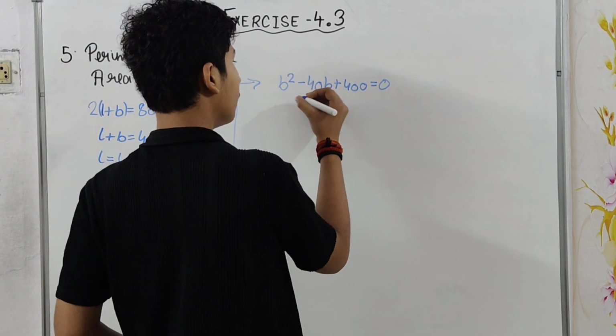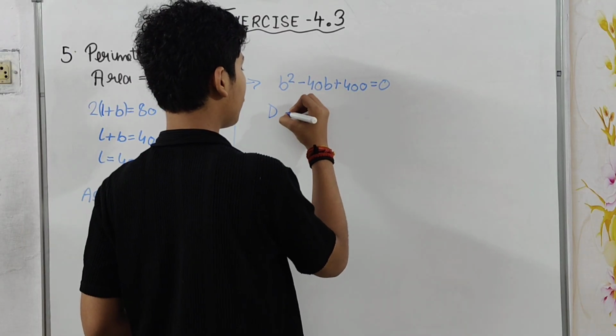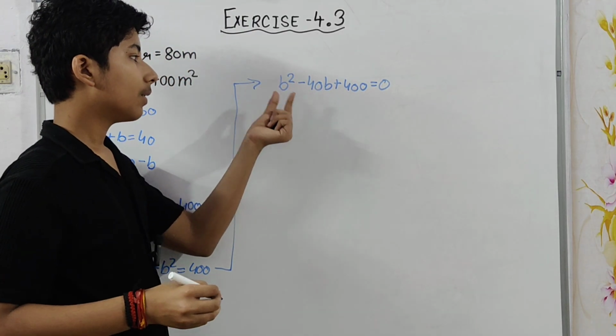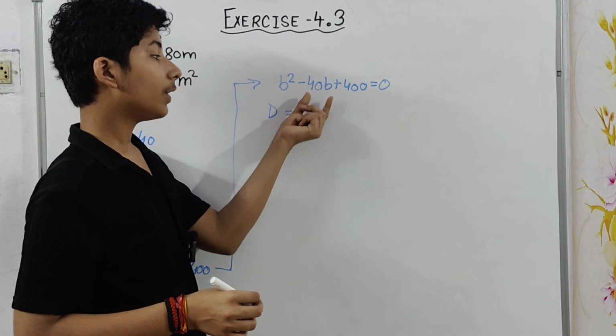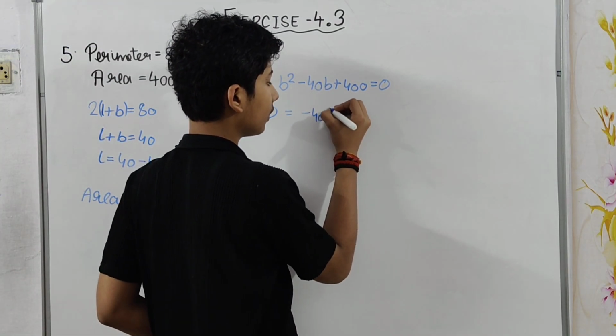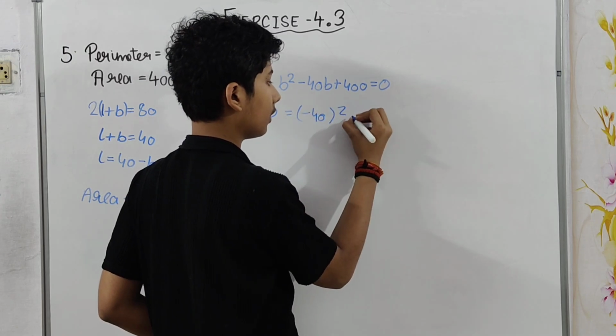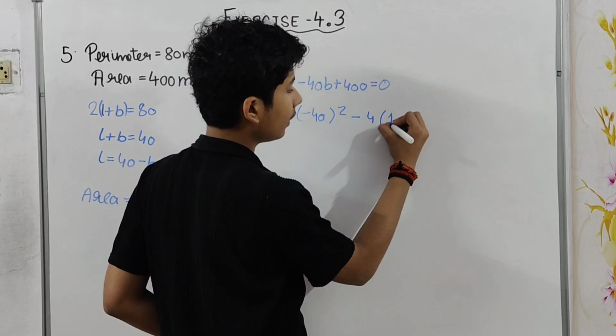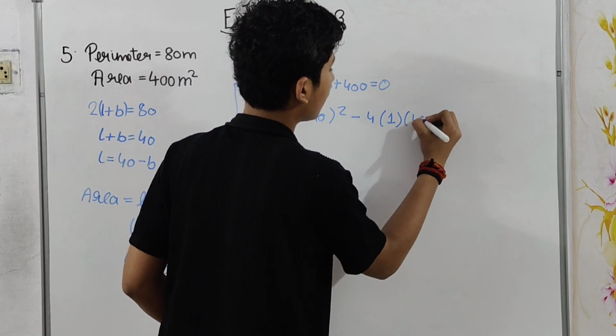Now we'll find out D equals to b square minus 4ac. Not this one b, but which b? This b. So minus 40 square minus 4 into 1 into 400.